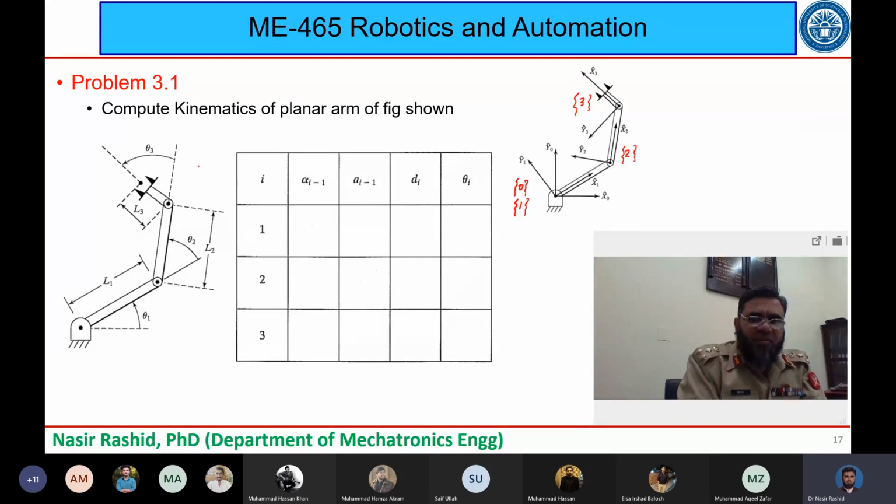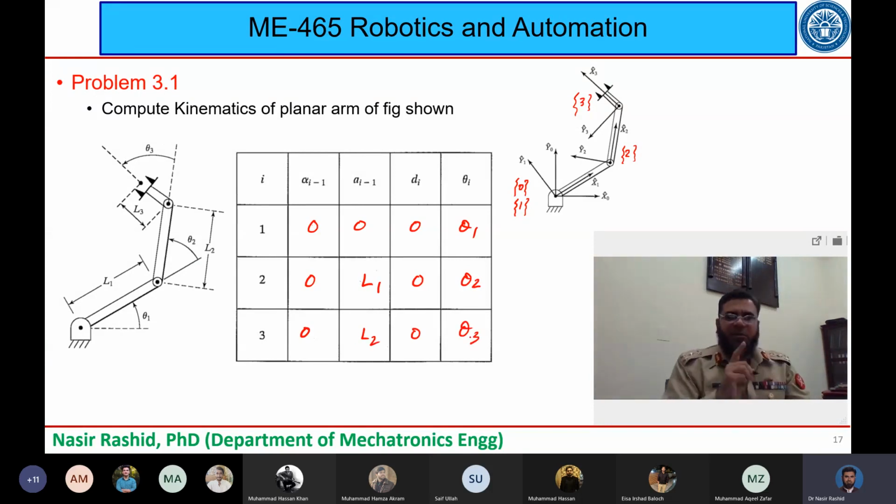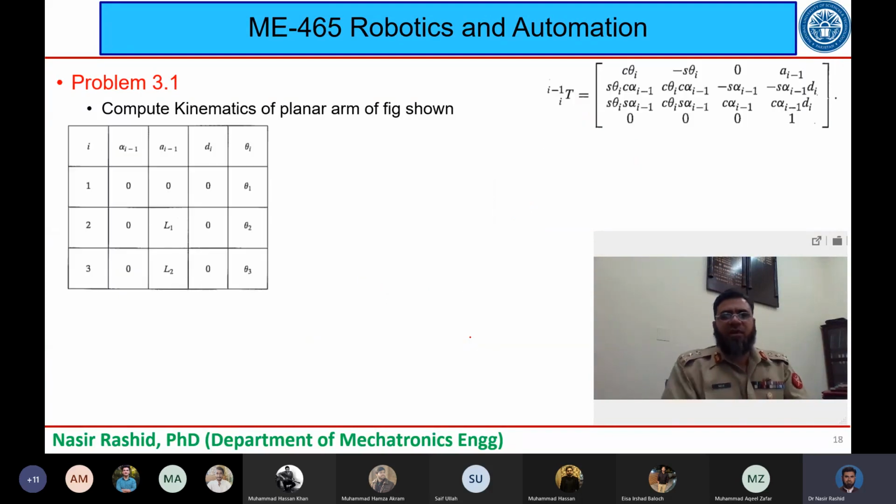Let me just write it down here between them. So this was 0 0 0 and theta 1, then 0, L1, 0 and theta 2, and then 0, L2, 0 and theta 3. I have already made this DH table, so I am not explaining again how we made it. We will move forward.